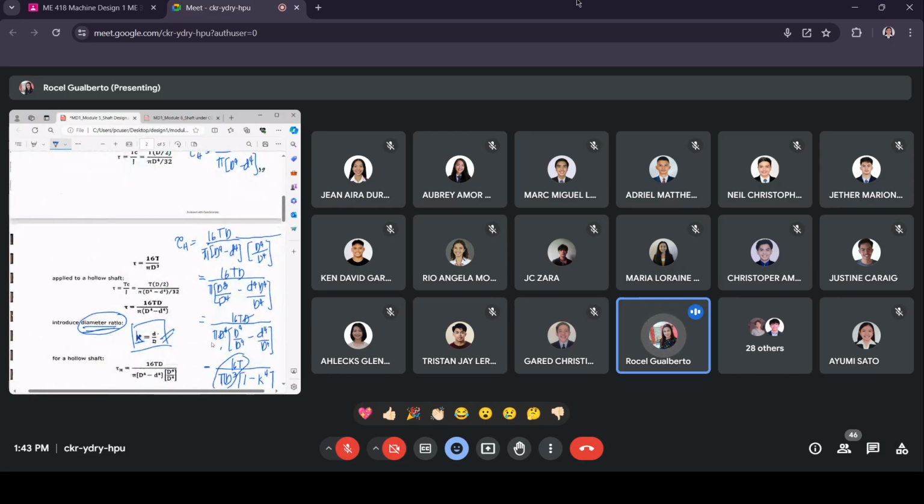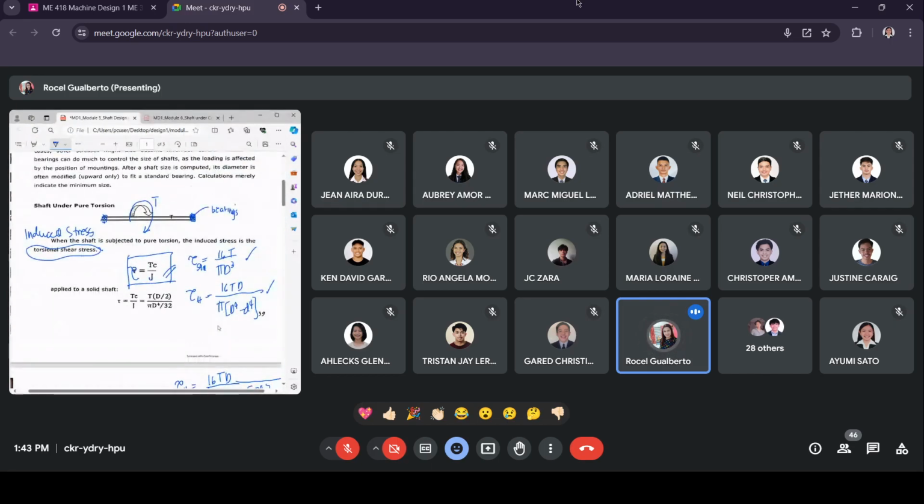Yung 16T over this 2. So you can make use of this 2 or yung dinerive natin ngayon using the diameter ratio k. Any of the two will do. Just equate that to your design stress.